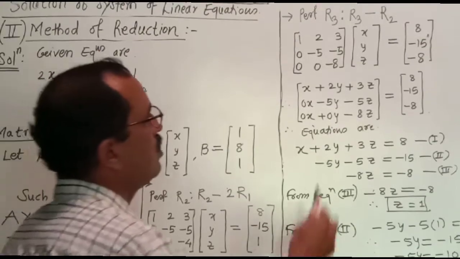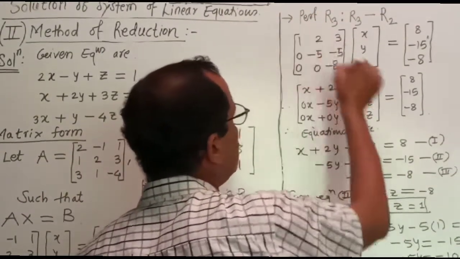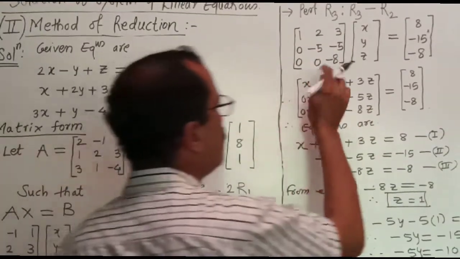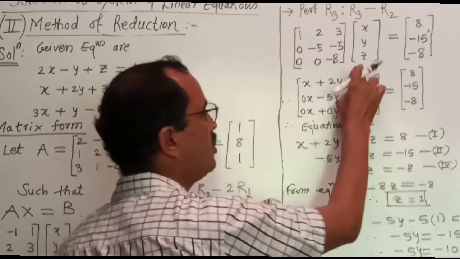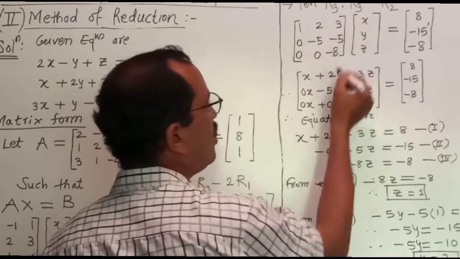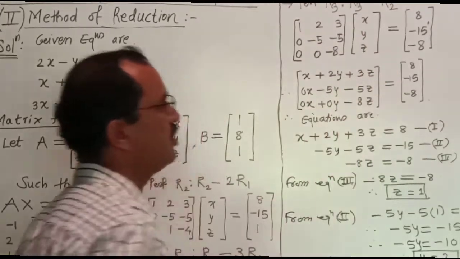So all the elements below the diagonal are 0. Now we multiply this upper triangular matrix by the matrix XYZ. Then we get 1 into X, X, plus 2 into Y, 2Y, plus 3 into Z, 3Z: X plus 2Y plus 3Z.